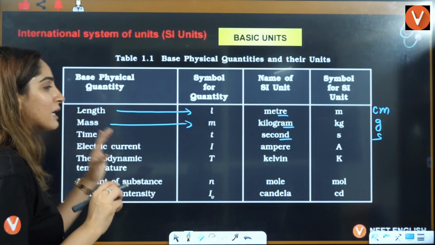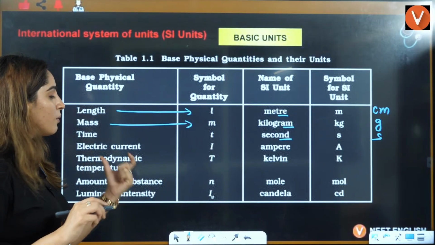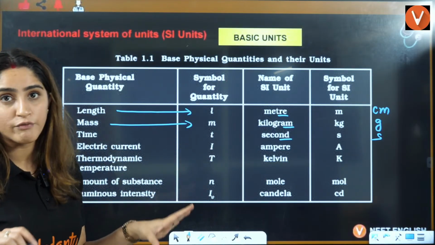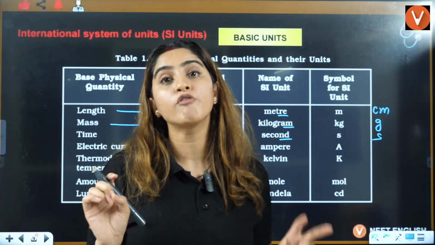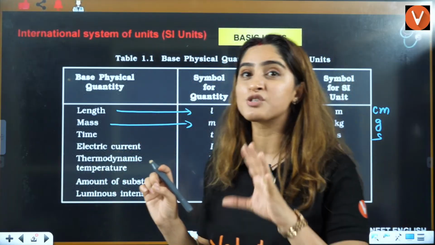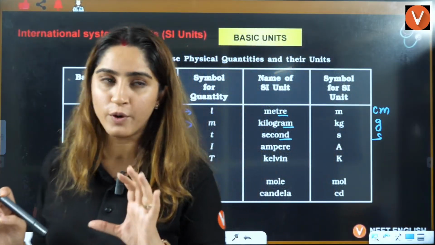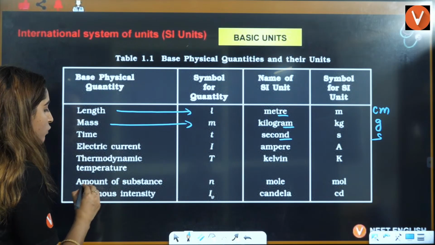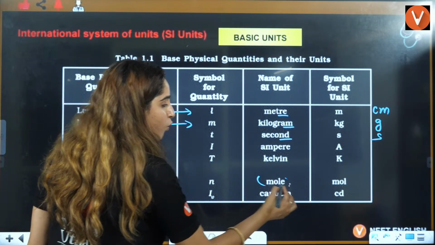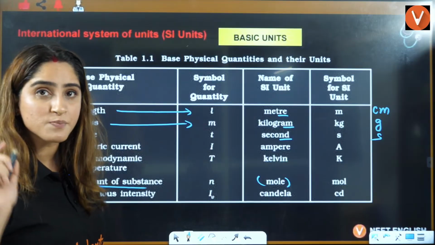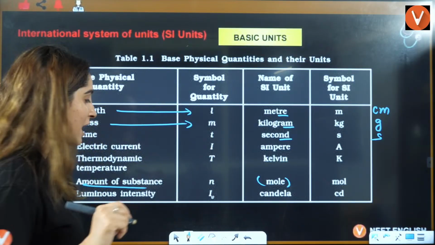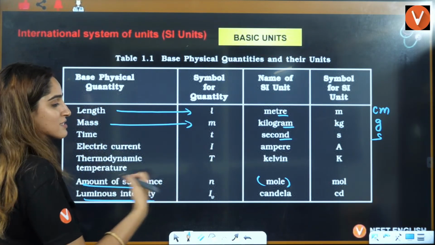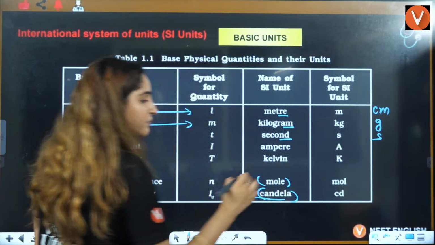Now, for current, we use ampere. For thermodynamic temperature, we use Kelvin. What is the SI unit of temperature? That is Kelvin, not degree Celsius. Amount of substance we measure by mole. That we will study in some basic concepts of chemistry, chapter number 1 of class 11th. Luminous intensity is measured by candela.